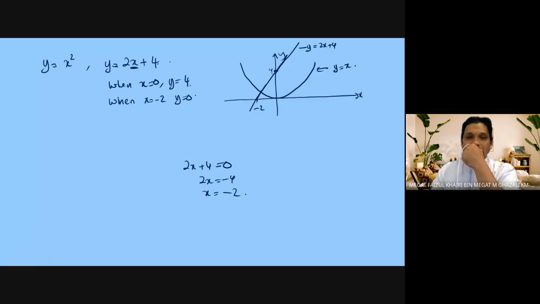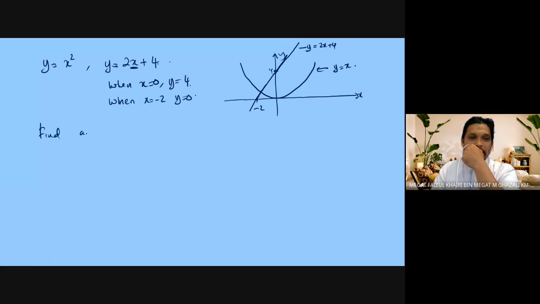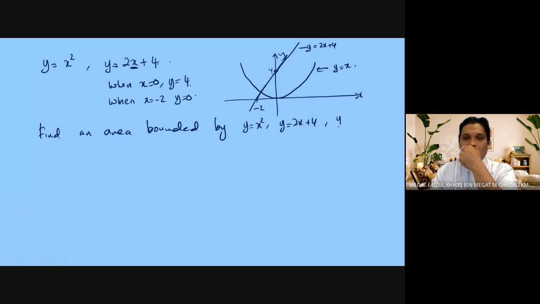Okay, so let's say the question wants you to find an area bounded by the function of y equal to x squared, y equal to 2x plus 4, and y-axis. So if this is the question, which area are we talking about?